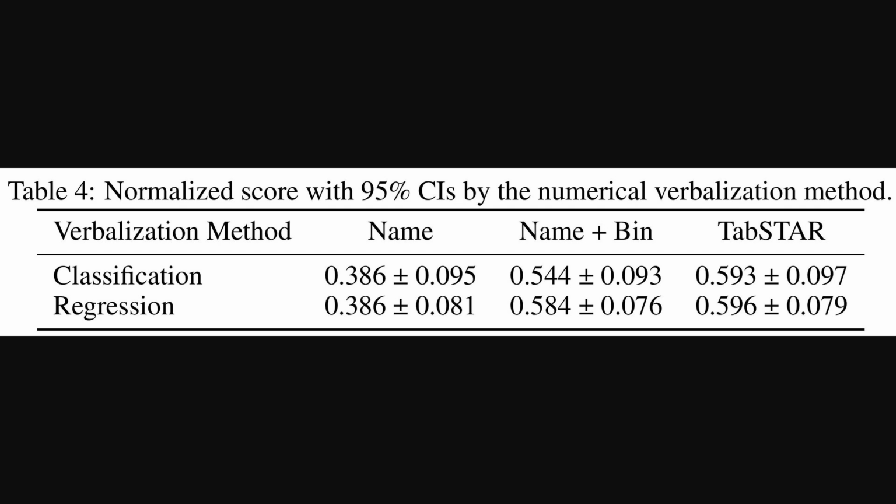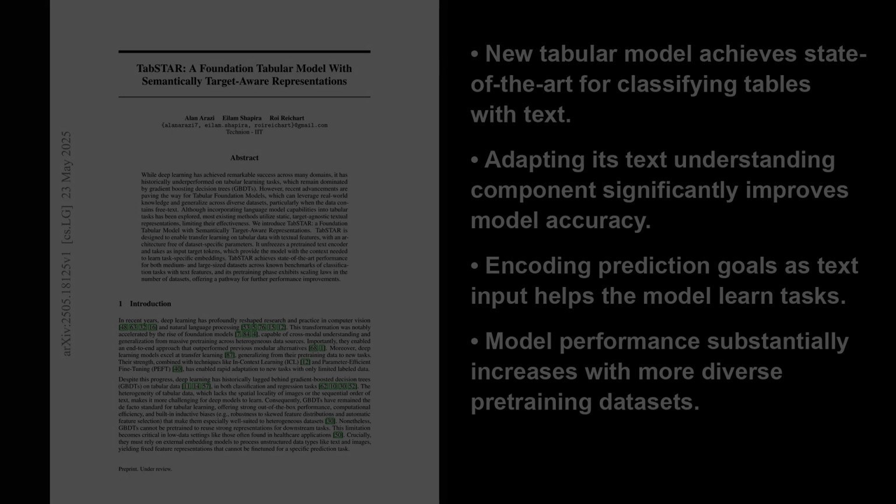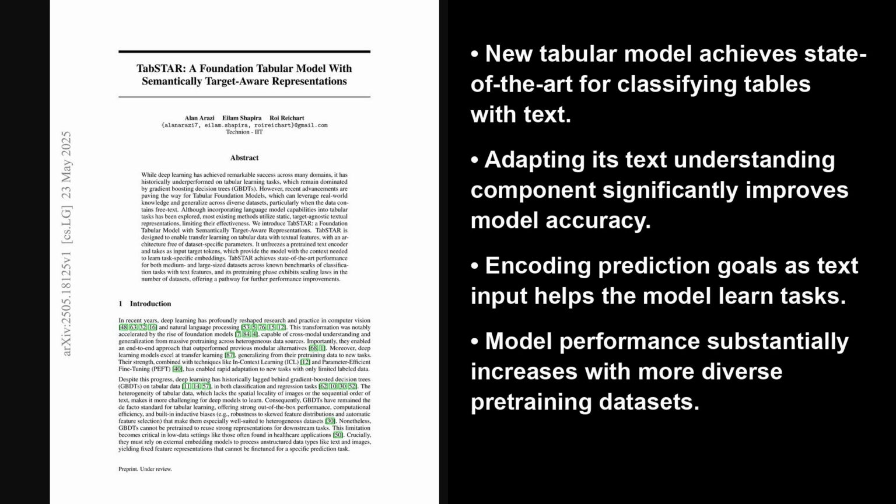For both types of tasks, TabSTAR's method, which incorporates richer semantic information like quantiles, clearly comes out on top, showing the advantage of its more sophisticated verbalization. So, TabSTAR's sophisticated numerical verbalization clearly makes a difference.